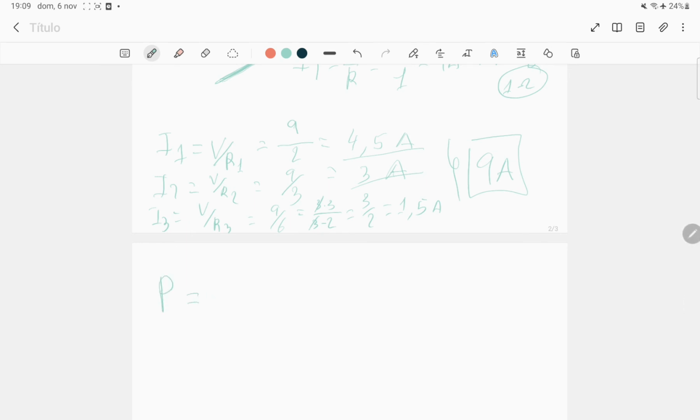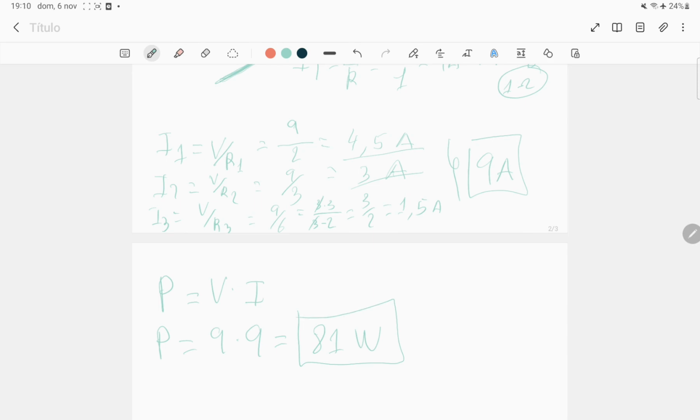You only have to know the formula, and the formula of the power is V multiplying I. So if I ask you for the total power of this one, you only have to multiply 9 multiplying 9 again, is 81, and what is the unit? Watt. Okay, so we have here the power.